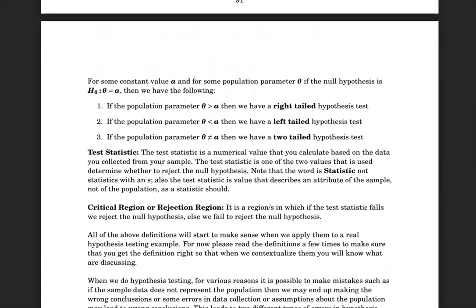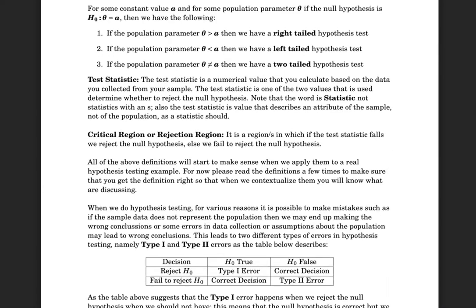When you are doing hypothesis testing, you're typically dealing with three different scenarios. The null always includes some statement which is equality. So remember this, one way to identify the null hypothesis is that it will always include the equality side.